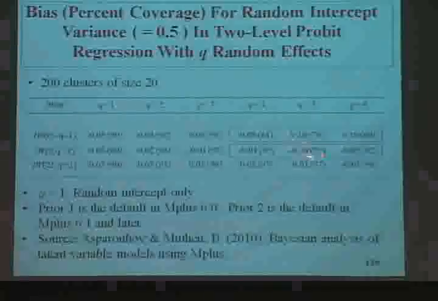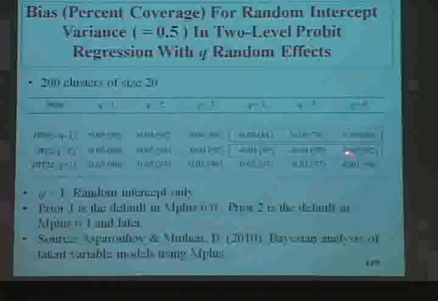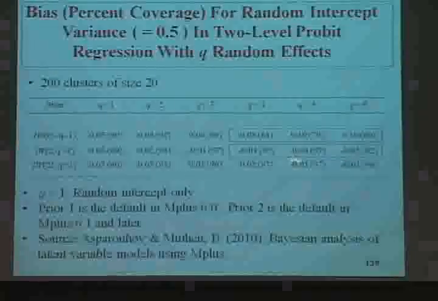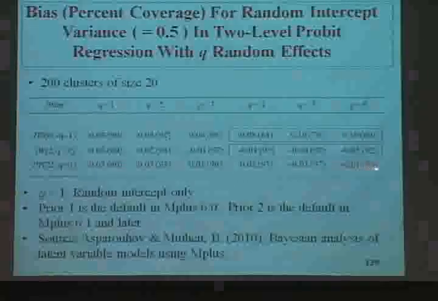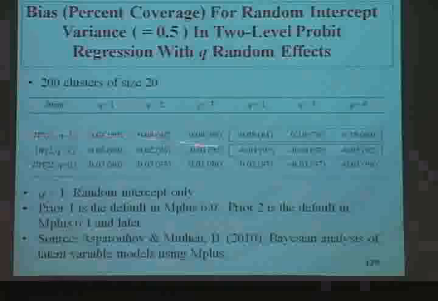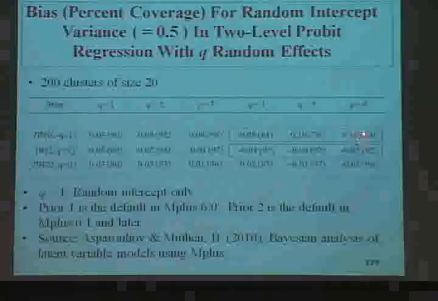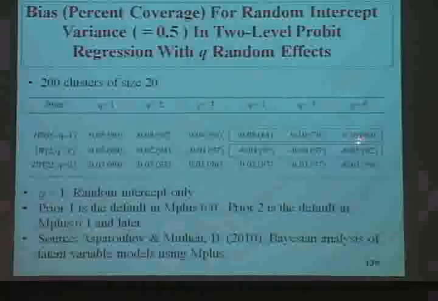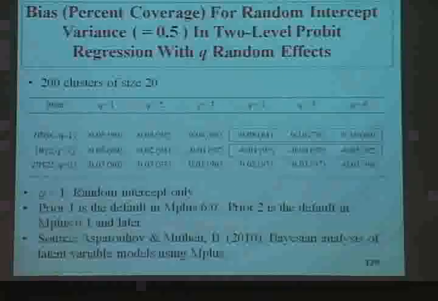With 5 random effects, you start seeing some bias in here, although the coverage is still good. With this prior, it remains very good throughout. But with this prior, which is the totally uninformative prior, you can get some pretty bad results, which is a bias of 0.19 and very low coverage.